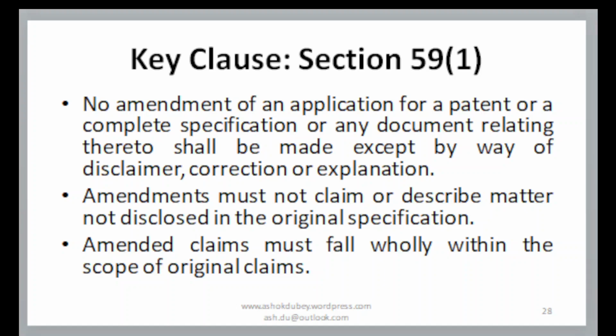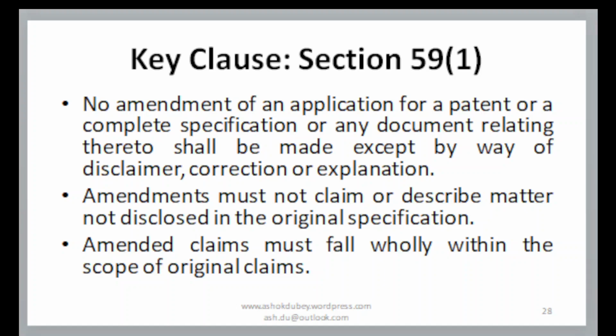The first similarity is the prohibition of extending beyond original disclosure. We saw section 59(1) strictly lays down that you cannot extend beyond the original disclosure. Similarly, article 123 of the EPC prohibits amendments that could add new matter which was not originally disclosed in the original application.